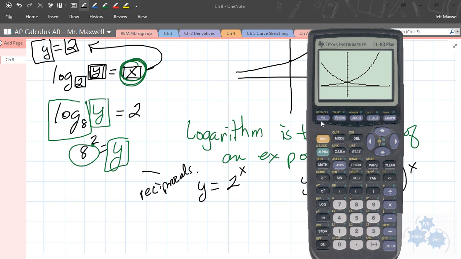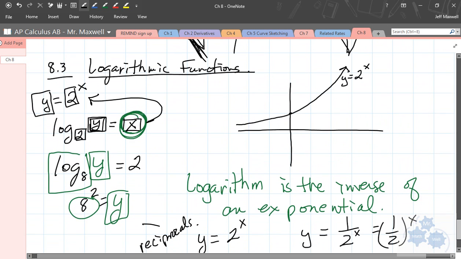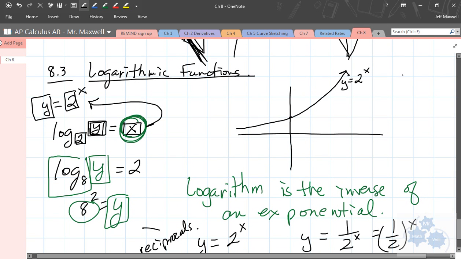I don't know if we can do it on this calculator, to tell you the truth, so we may have to just do it by hand. So let's see, we want to graph y equals log of x base 2. Okay, so that's the inverse.